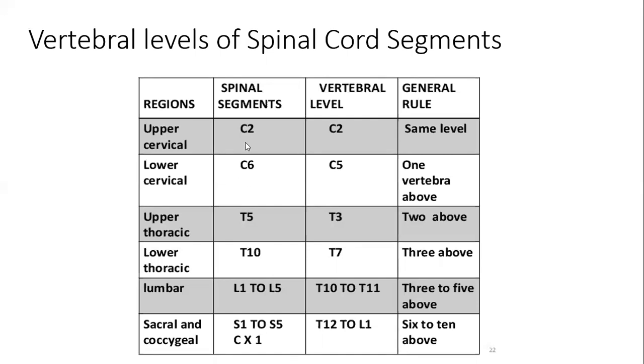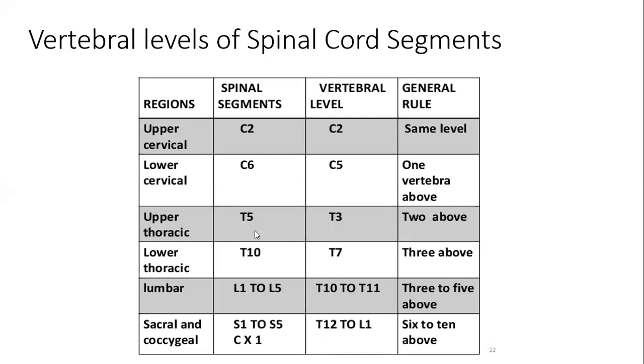In the upper cervical regions, at the level of the second cervical vertebra, we have the second cervical spinal segment. But in the lower cervical regions, for example, we have the sixth spinal cord segment lying at the level of the one vertebra above, that is the fifth cervical vertebra. I hope this point is clear to everybody.